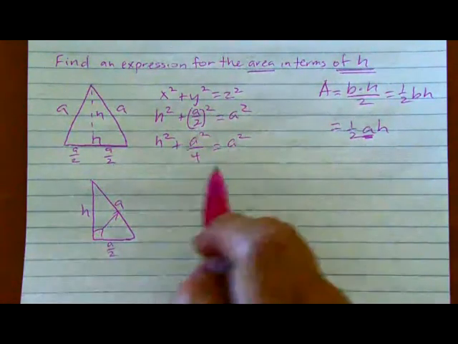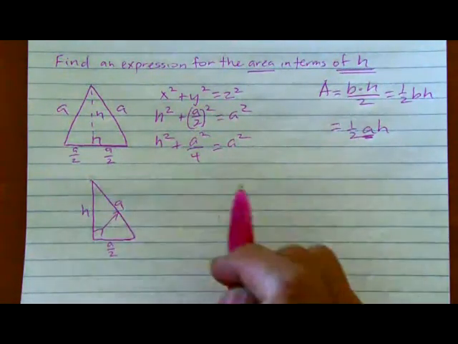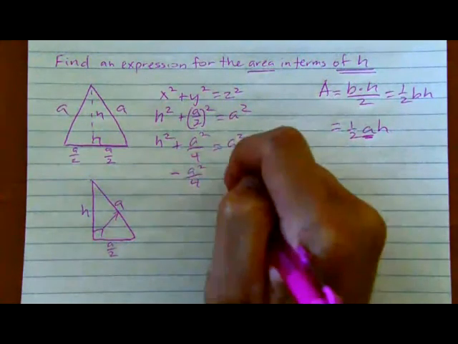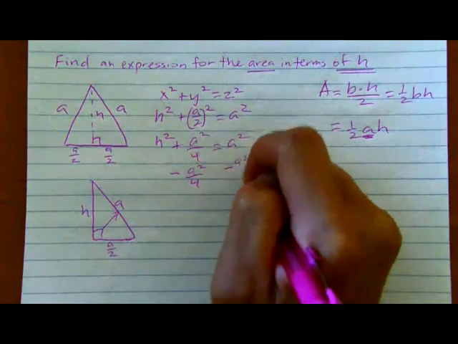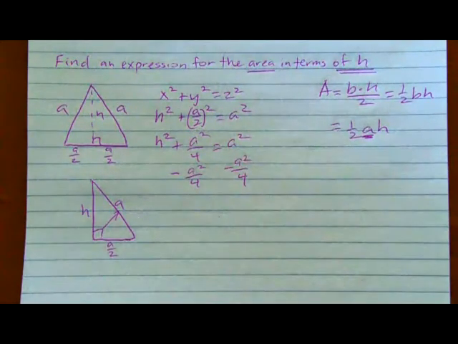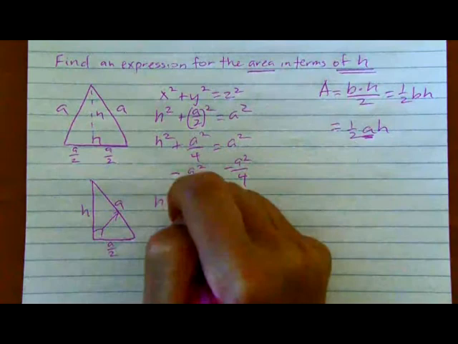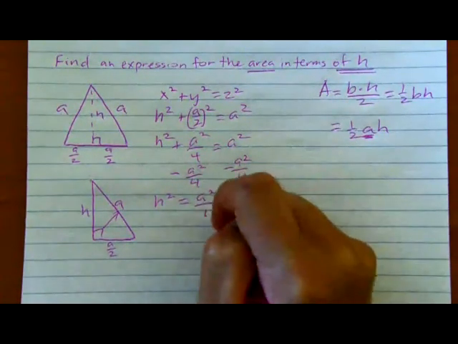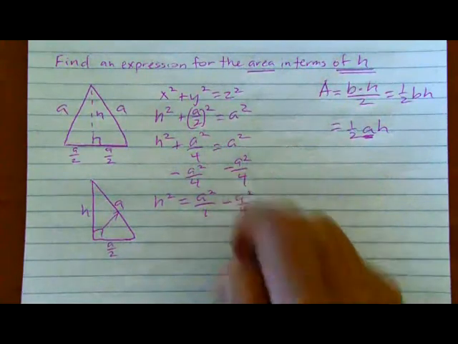Okay, I'm going to get a all on one side. I'm going to subtract a squared over 4. So h squared equals a squared minus a squared over 4.